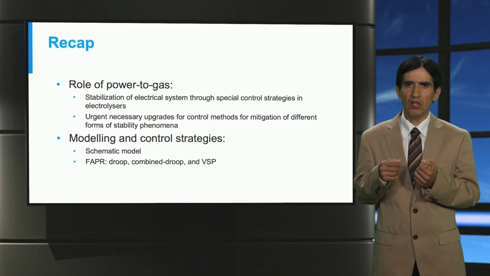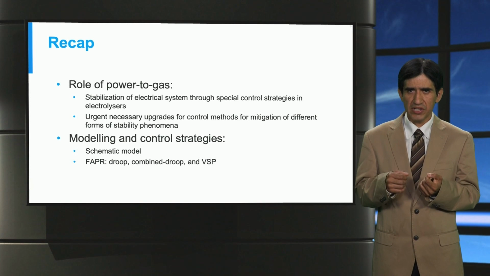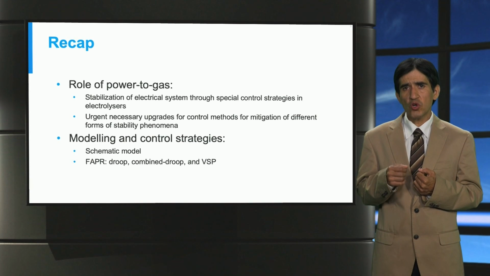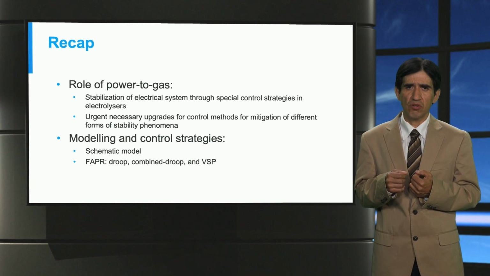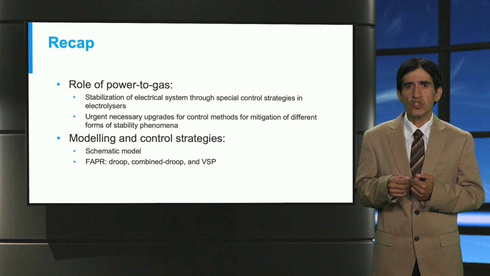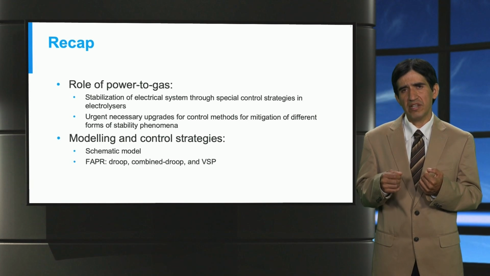Power rating, location, and optimal controller design are key parameters for effective stability support by electrolyzers. New control principles for stabilization of low inertia, chaotic systems like renewable energy hubs should be urgently developed to accelerate the energy transition.